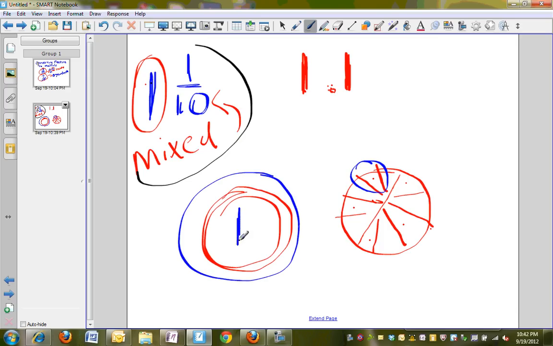Okay, so that's 1 and 1/10. Okay? I'll shade in that 1/10 blue. Okay? So we've got 1 and 1/10 of pizza. All right? And the way that we write that as a decimal is 1.1.